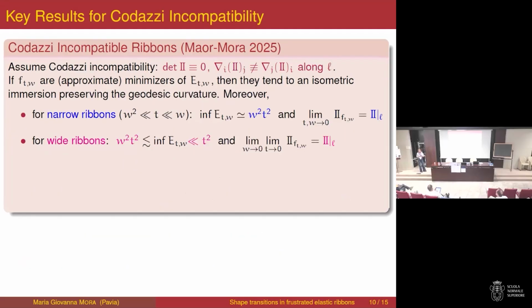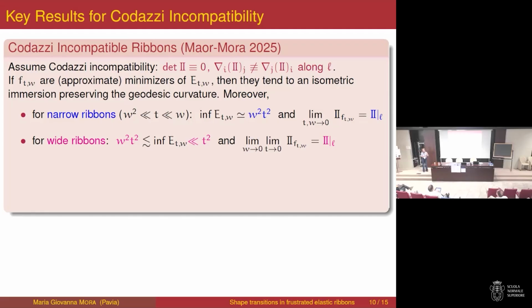Clearly, as we expect, the situation is much less clear when the incompatibility comes from the Codazzi equations. So here is what we were able to prove. Assume now Codazzi incompatibility. The first remark is that the effect of Gauss incompatibility is at a lower order.